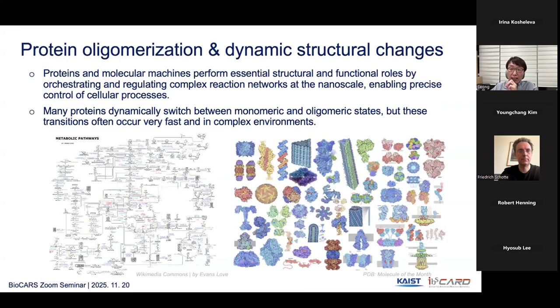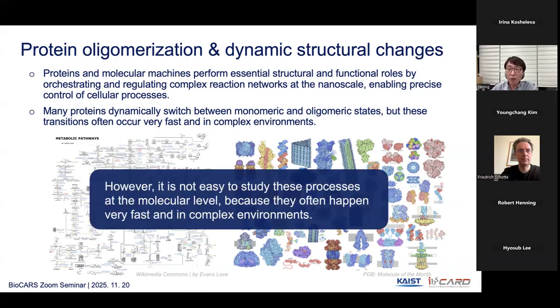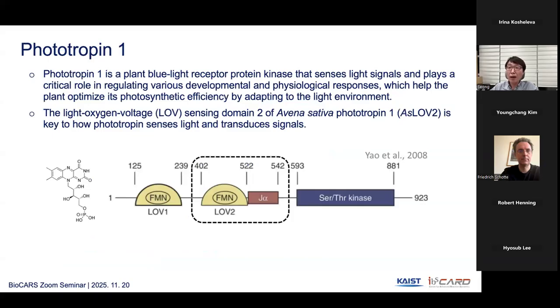As you know, in cells, proteins perform essential structural and functional roles. To do this, they often form oligomers and dissociate into monomers. However, these processes are often very fast and occur in a complex environment, making them difficult to study at the molecular level. Among these oligomeric transitions, phototropin 1 is an excellent model for studying protein association.